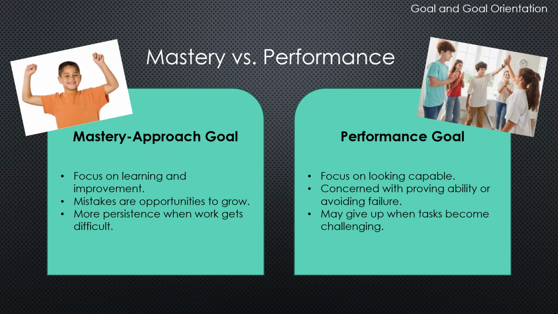In short, it doesn't just look at whether a person wants to learn, but what kind of success they are chasing. This theory breaks goals into 2 primary orientations: mastery approach goals and performance goals.